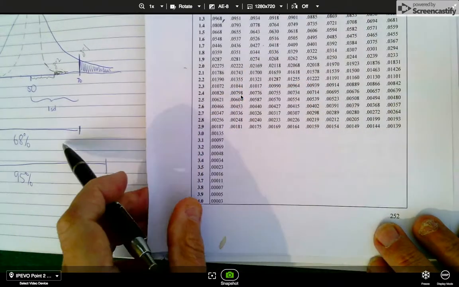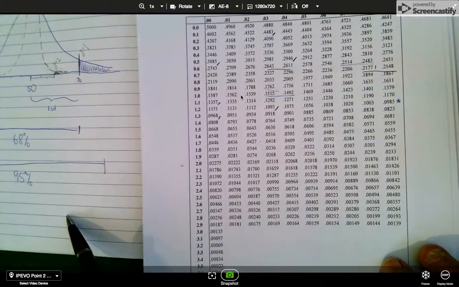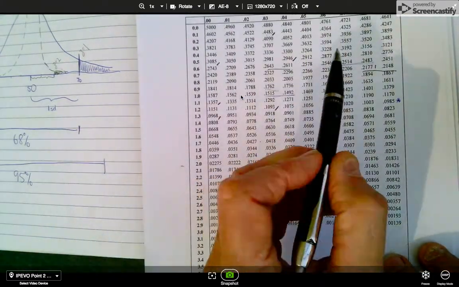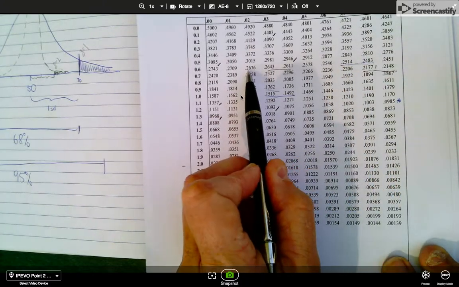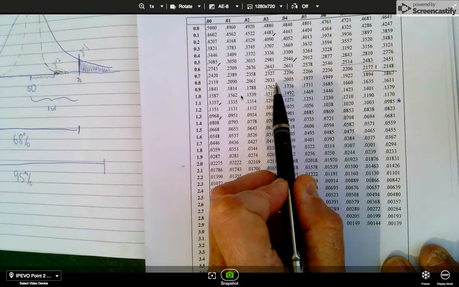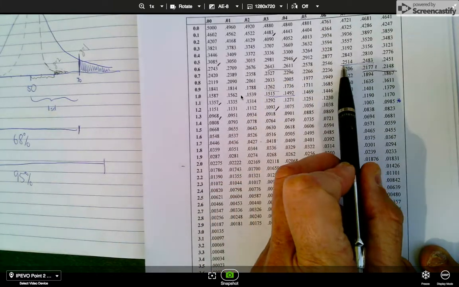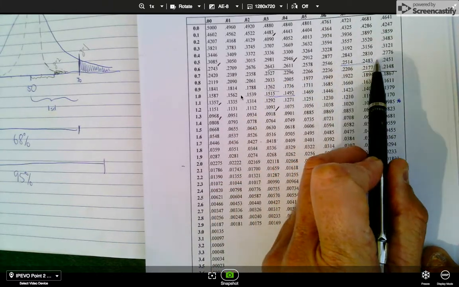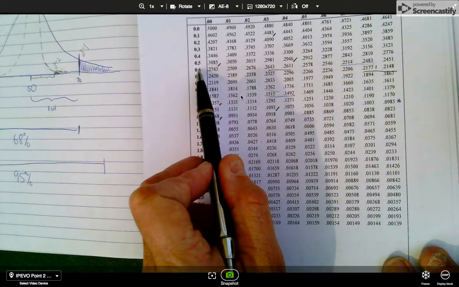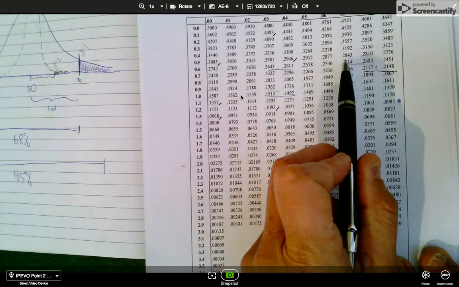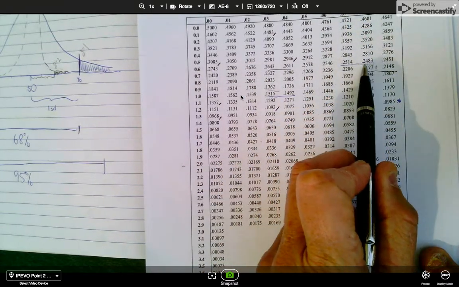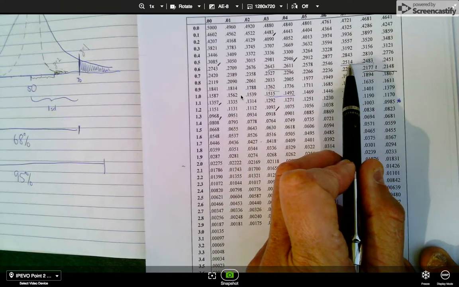And we want a percentage of 25. So if we look at our table, and again, we're looking at the middle part of the table, we want a percentage of 25. This is 20%. Here is 25%. It's somewhere between 0.67 and 0.68. And it's about in the middle, so I'm going to say it's 0.675.